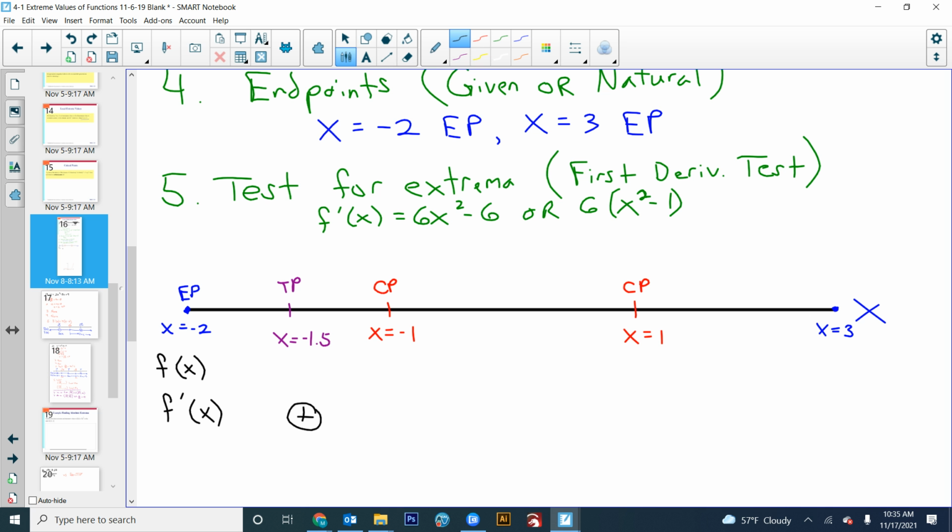How do I know that derivative is not going to change on that interval? You would have gotten another critical point, right? It's not going to change except at a critical point. Okay, so I'm going to actually do this. I'm going to put a plus on that interval. F prime is positive on that whole interval.